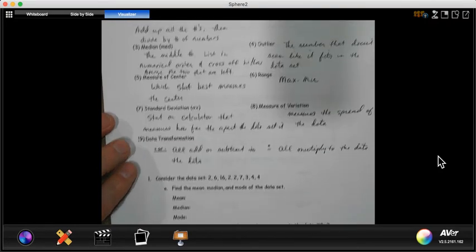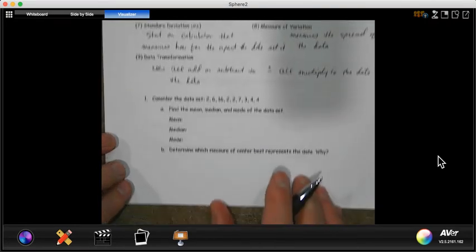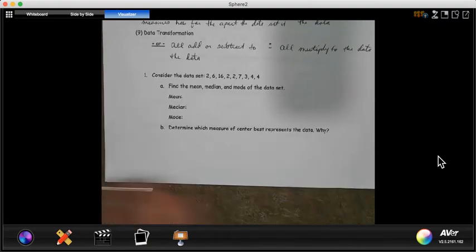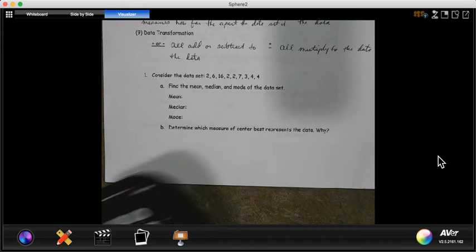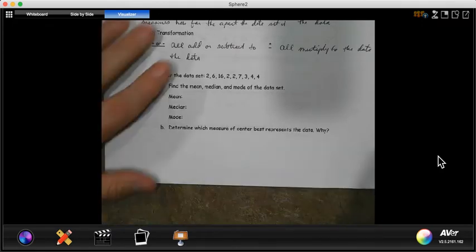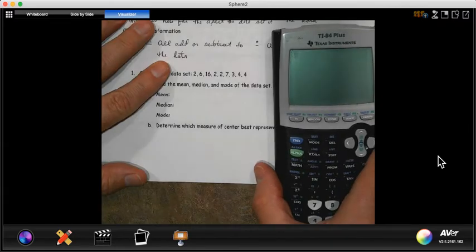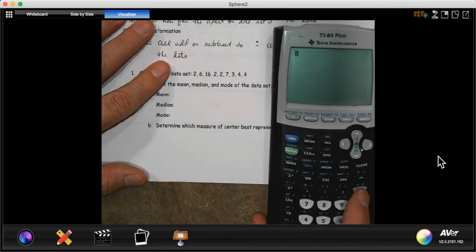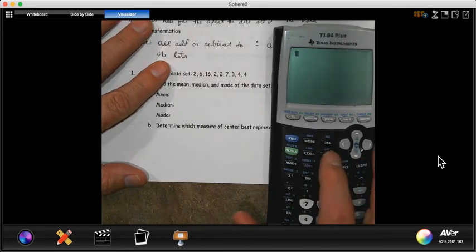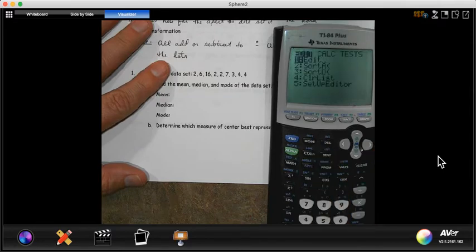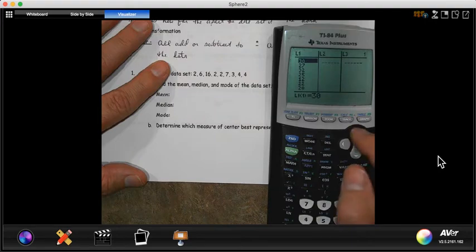Okay, so consider the set. Let's identify the mean, median, and mode from the data set. We're going to teach you how to do this on your calculator. So you're going to go to Stat, Edit, and then you have an L1 and an L2. Don't ever delete your L1 or your L2.